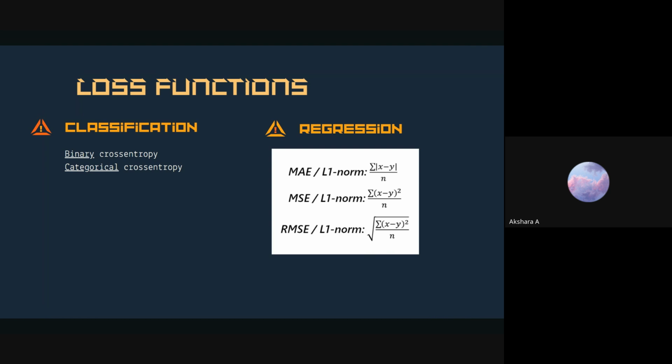However, for regression tasks, where your model is predicting continuous values, you will usually use a loss function to measure a numerical error between the predicted value and the actual value, which in this case, you can use an actual mathematical formula. There are three of them over here. For example, mean absolute error, MAE, mean squared error, MSE, and root mean square error, RMSE.